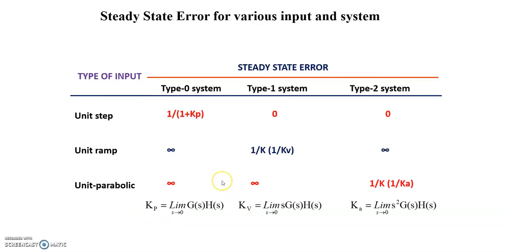Next, this is the steady state error for various inputs and systems. For the unit step input, the type 0 system has a constant positional error constant, and then infinite velocity and acceleration error constants.